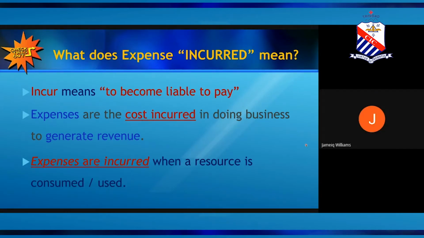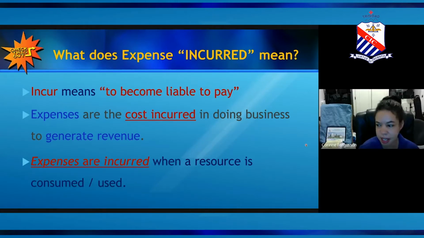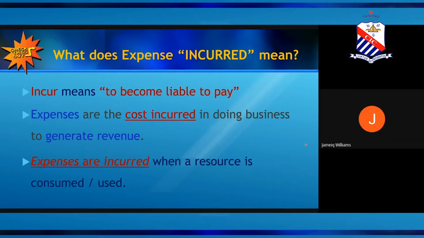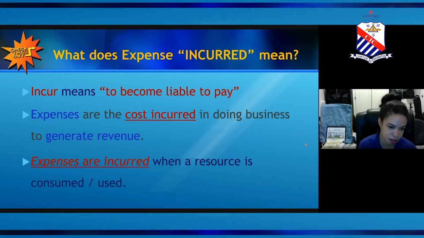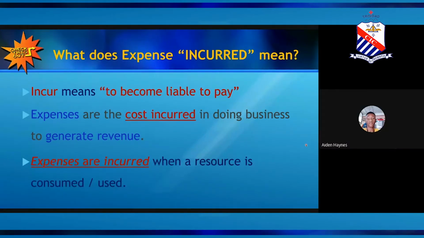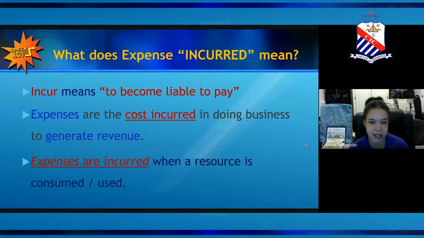Miss, electricity. Excellent. Electricity, is that Jimmy? Yes, miss. All right, cool. So electricity. Anything else? Anybody else? Yeah, miss, your Wi-Fi bill. Excellent. That is also being used up.